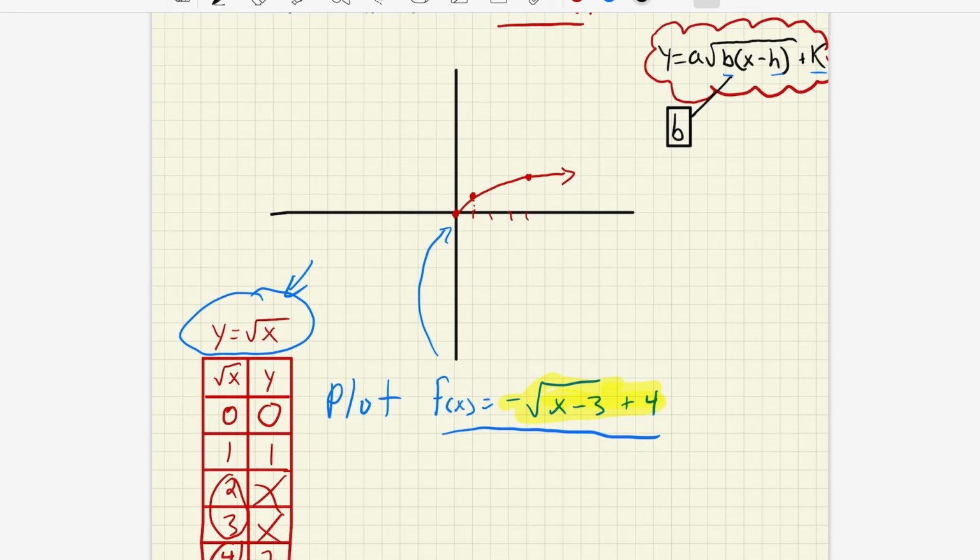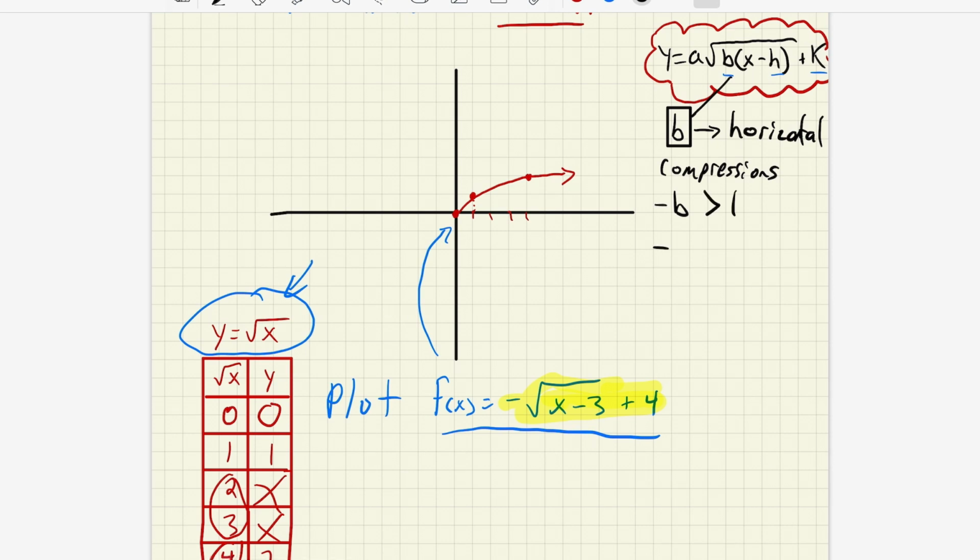Now for the B value, this refers to horizontal compressions if B is greater than 1.